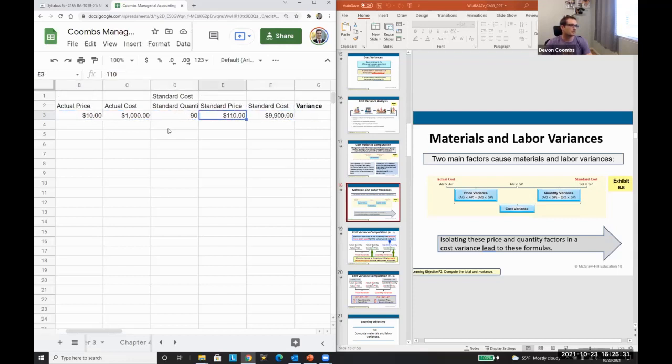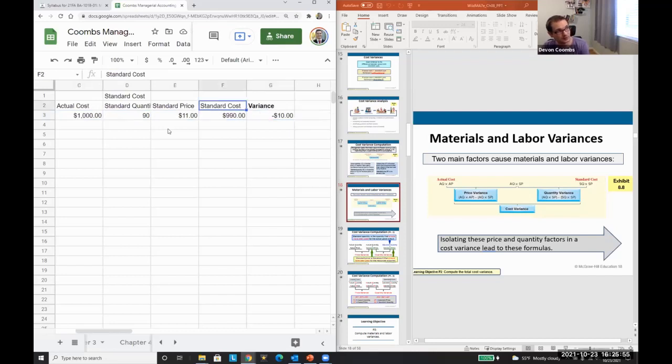You know, 11, sorry. So here we have a $10 favorable variance because our standard cost is lower. Oh, sorry, we have an unfavorable variance because our standard cost is lower than our actual cost. We paid more than we expected.